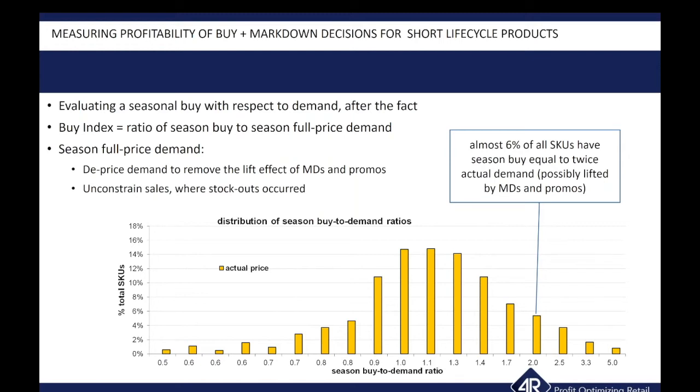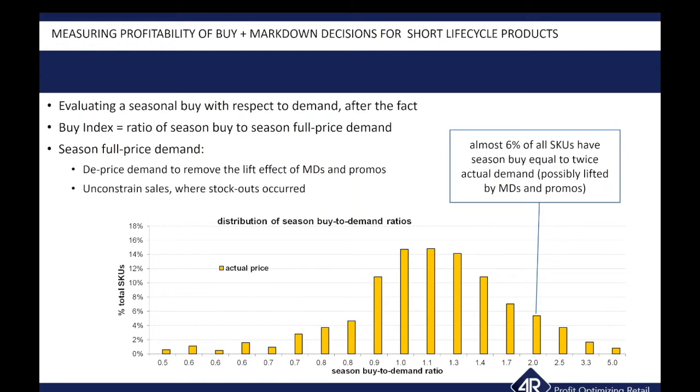What this means is that at the end of the season, it turned out that 6% of those SKUs had a season buy equal to twice the actual demand. So we can say they were overbought by a factor of 2. Now, once again, this is actual demand.